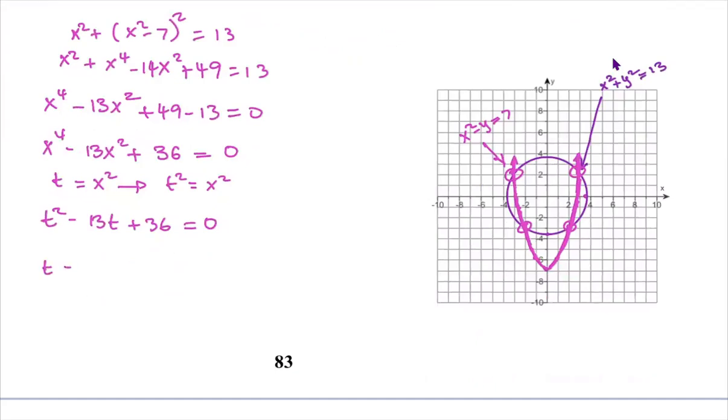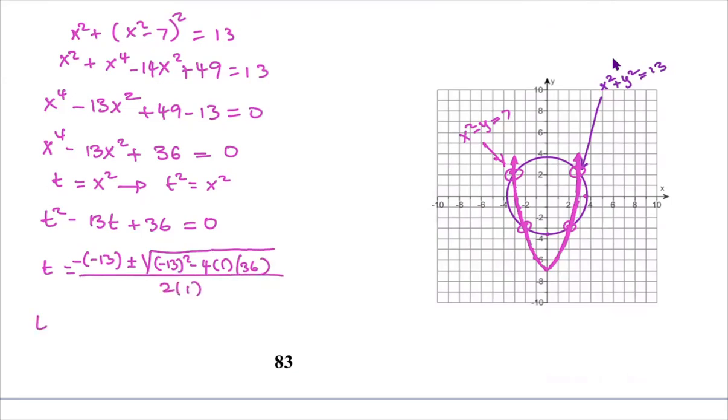So t equals negative b, so that's negative negative 13, plus or minus the square root of b squared, negative 13 squared, minus 4ac. A is 1, c is 36, over 2 times 1.